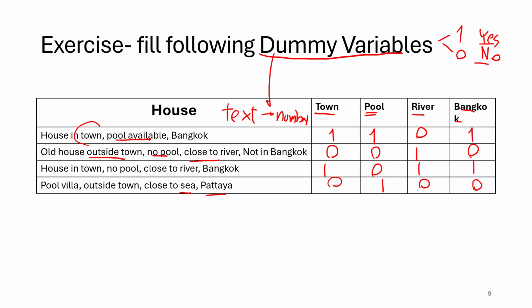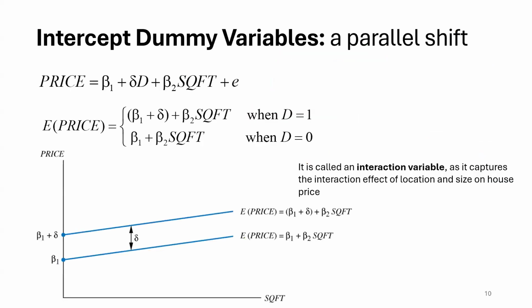Right. Okay. After you have dummy variables, there are three styles of dummy variable. The first style we call the intercept dummy variable. So price depends on the size and the dummy variable.